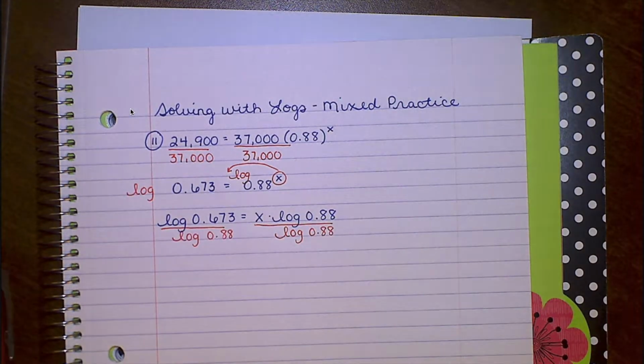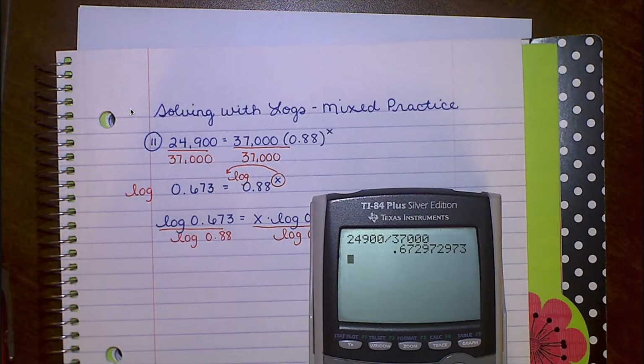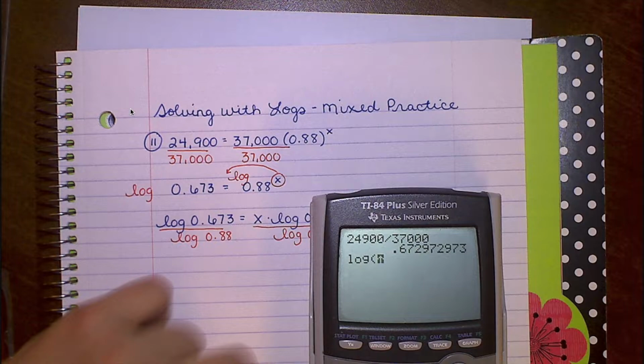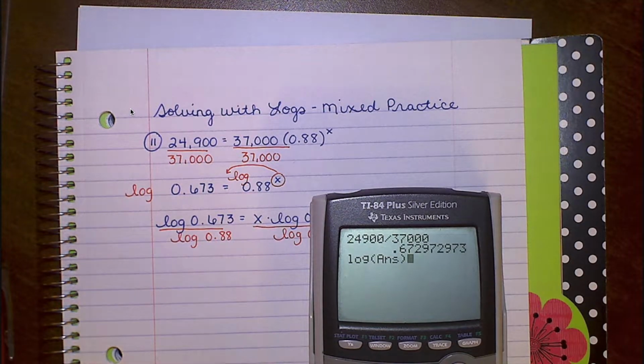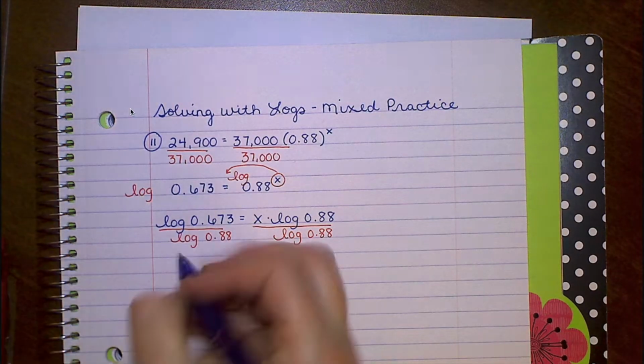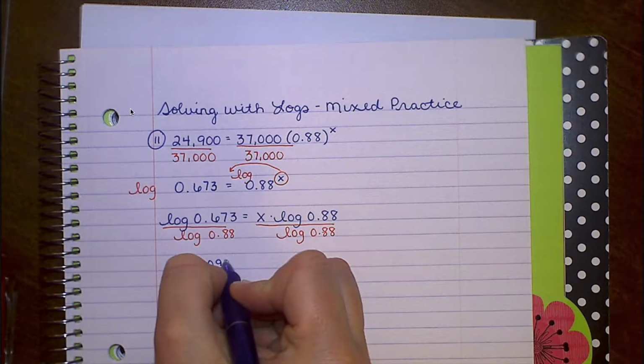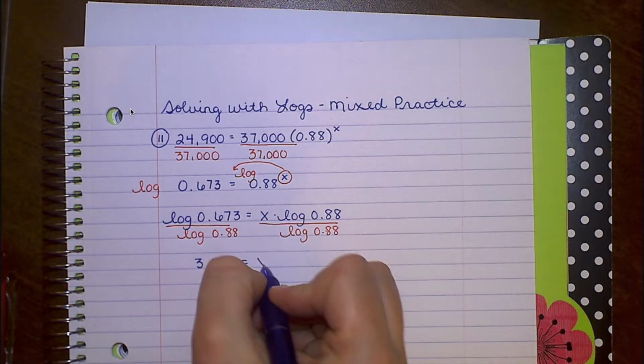Okay, in my calculator here, this is where I'm keeping this entire decimal. So I'm going to do log of this by using the answer button, to bring down the entire decimal, divided by log of 0.88. And I get 3.098. Again, I'm going to try to keep that in my calculator as much as I can. So I get 3.098 equals x.